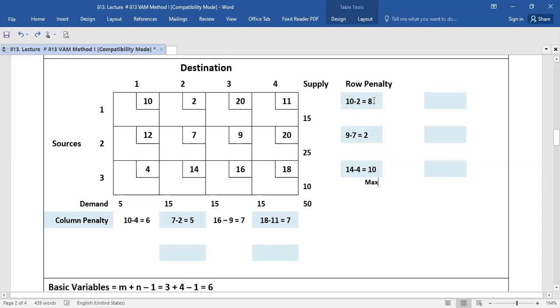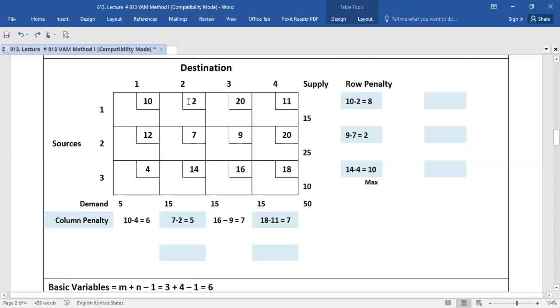In the first row, you see that these are your costs in each cell. So you will find the smaller 2 costs in this row.